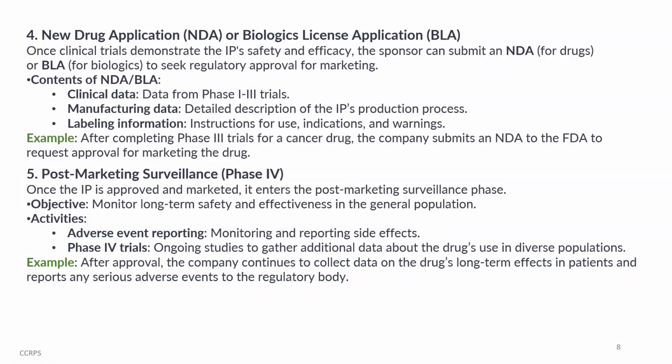So between phase 3 and 4, we have the NDA. Before phase 1, we have the IND, investigational new drug application. And the NDA or BLA is between phase 3 and 4.